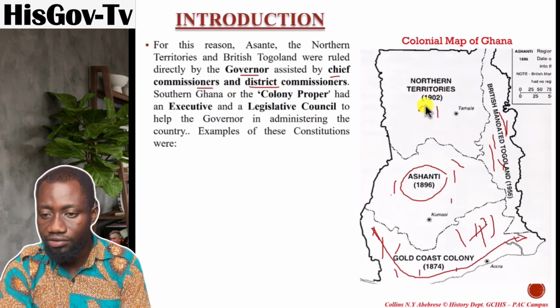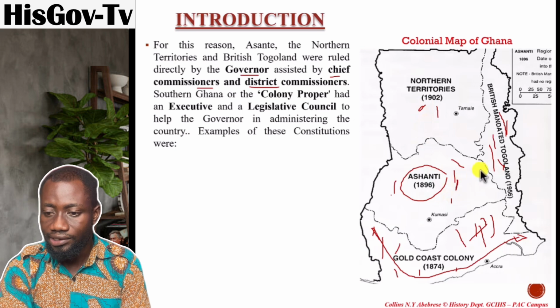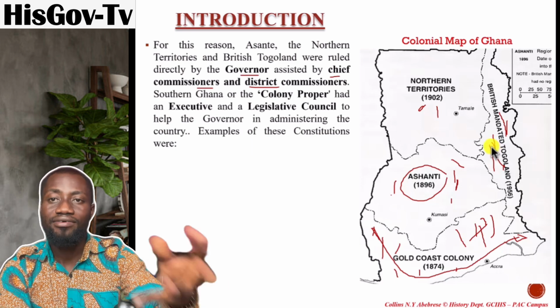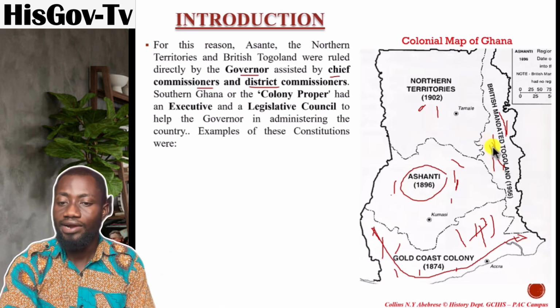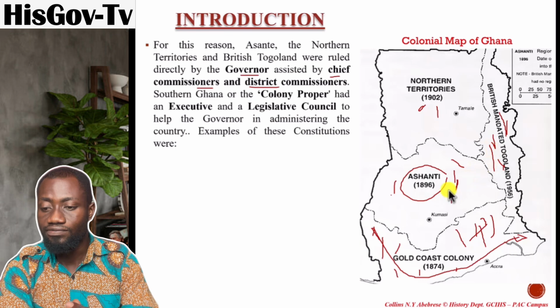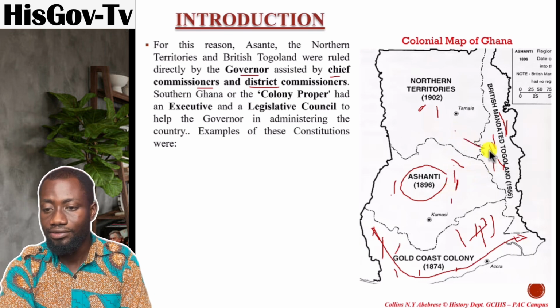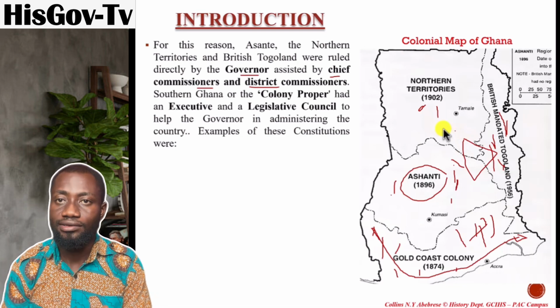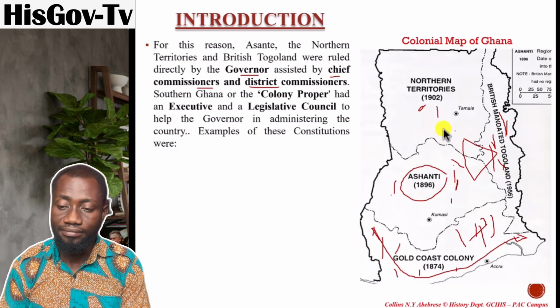So the Northern Territory, Ashanti, and the British mandated Togoland were administered directly by the governor, and the governor had district commissioners and chief commissioners in these areas, who were taking instructions from the governor.